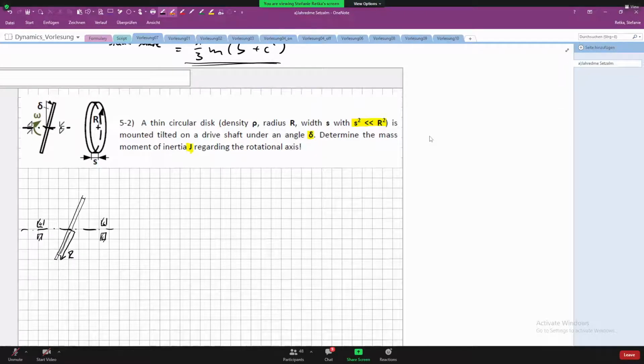Now, the main axis of the disk is this one, in the center of gravity and parallel to the dimensions, length and or width and radius in this case. But the coordinate system for the axis of rotation is this one right here.